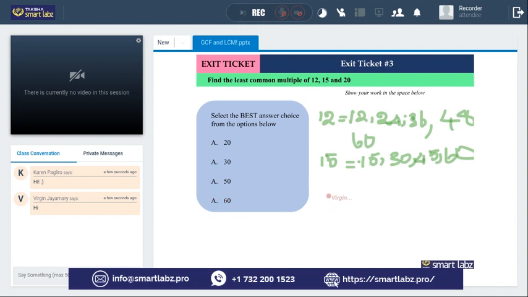Very good. Okay, yeah. So 20, 40, and 60. So 60 is the right answer.